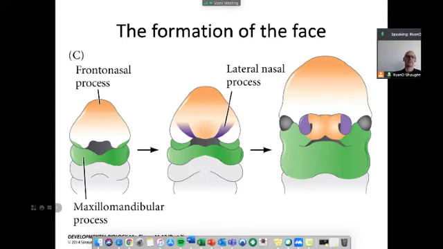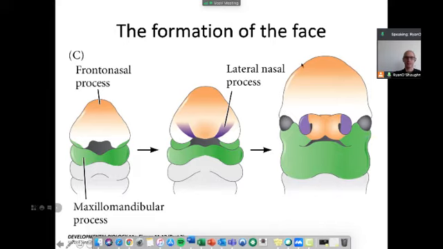So here we have a schematic of the formation of the face and the migration of these processes to form the structures. So we have our frontal nasal process, our maxillomandibular process, and our lateral nasal process, and you can see here how they contribute to the different parts of the developing head.